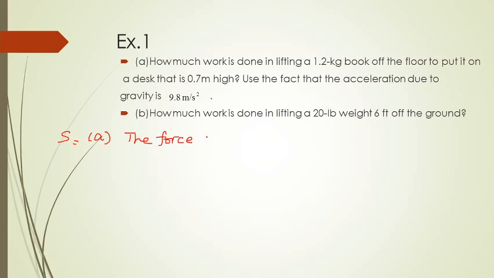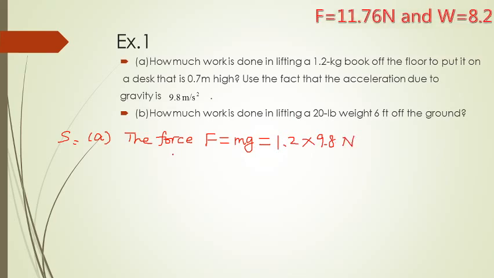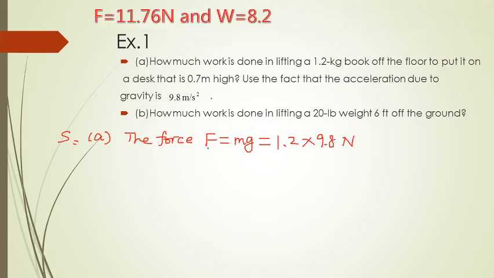To lift the book, you should give the force which is equal to the gravity of this book. So that will be 1.2 times 9.8 Newton, right? Newton. And then the distance.